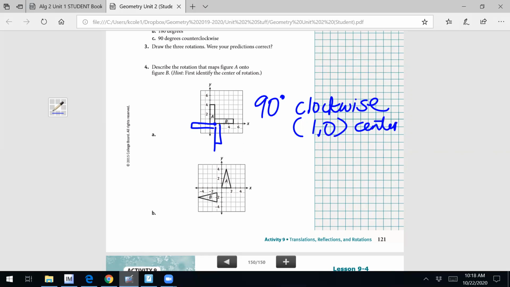Okay, what happens to B down there? Good. 90 degrees counterclockwise. Who's the center of this one? If it's hard for me to see, I try to find the center of each of the shapes and bring them together until I figure out where they cross.